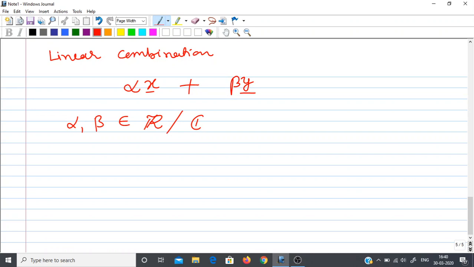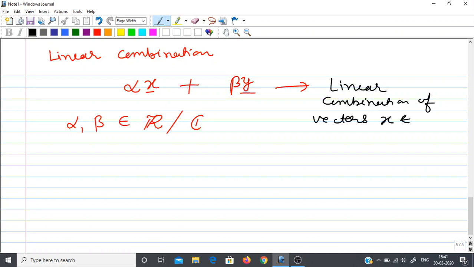This new vector, alpha times x plus beta times y, is called a linear combination of vectors x and y.